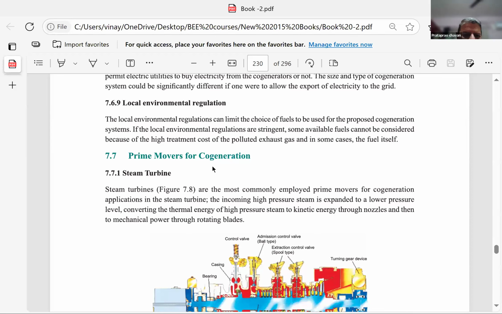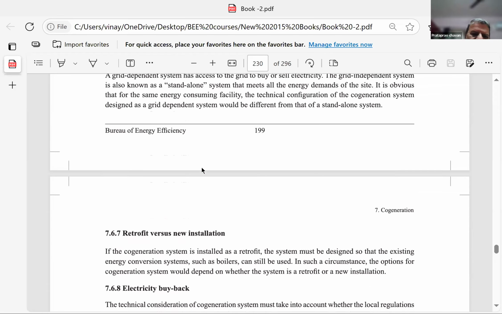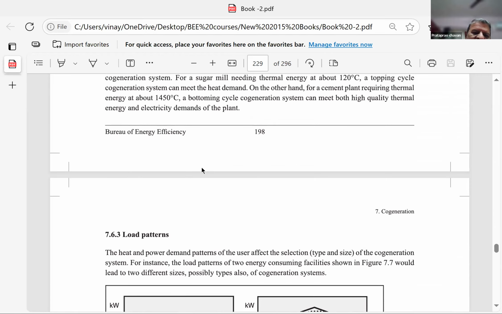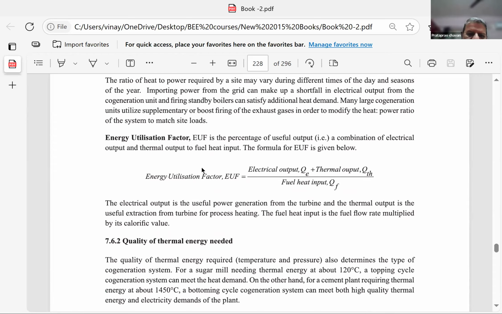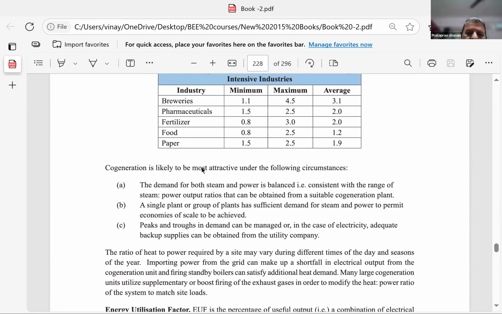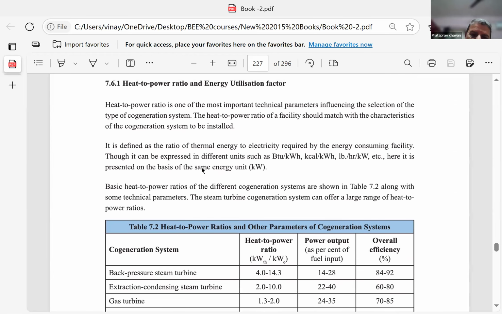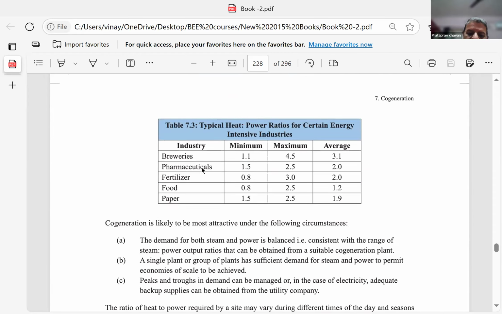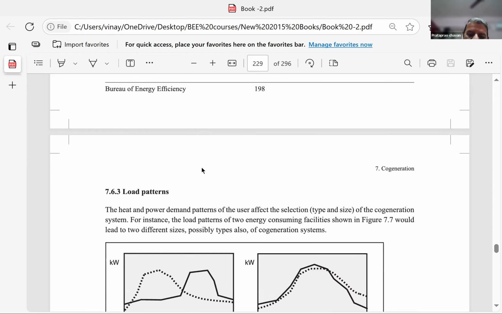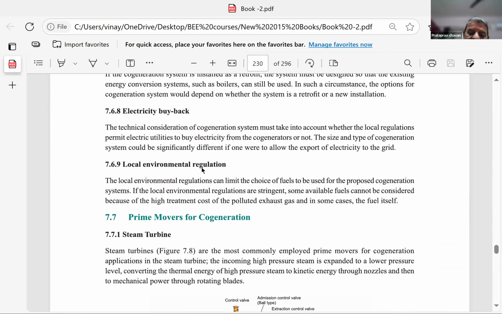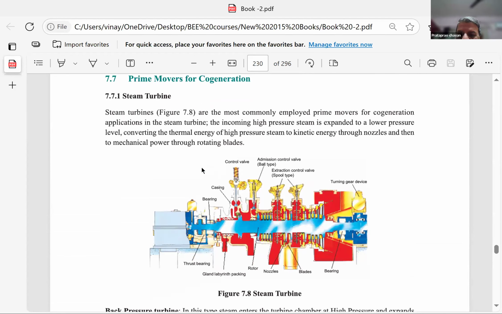Then prime movers for cogeneration. Now, these 6 reasons which I have seen, they are all the factors. How do you select a cogeneration plant, right? Depending on heat to power ratios or the electrical load curves or the requirements of the factory at the time of requirement, when they want simultaneously or one after another, right?